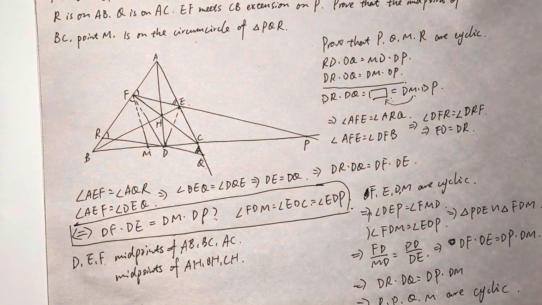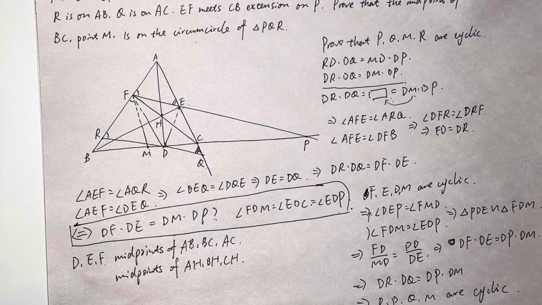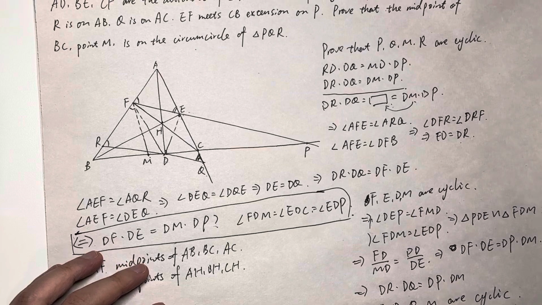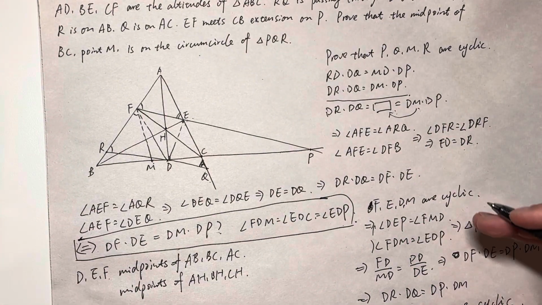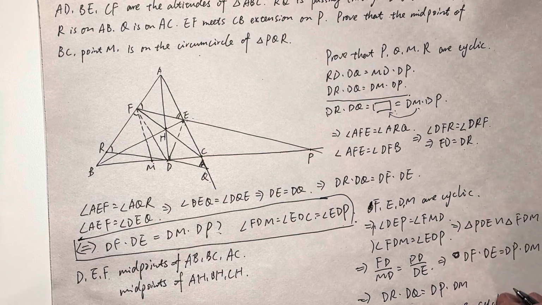Okay, so this problem, that's the way I think of this problem. The first thing is how we want to prove that 4 points are cyclic, and which method we should choose in proving that 4 points are cyclic. And based on that thought, I choose this way, and then I try to find the relations and derive to here, right?